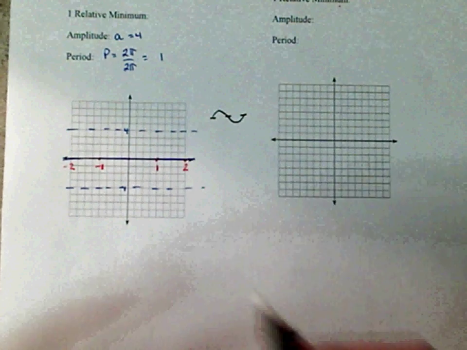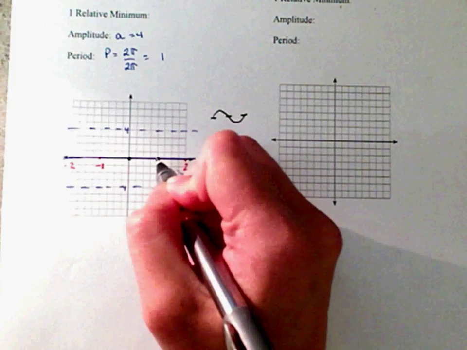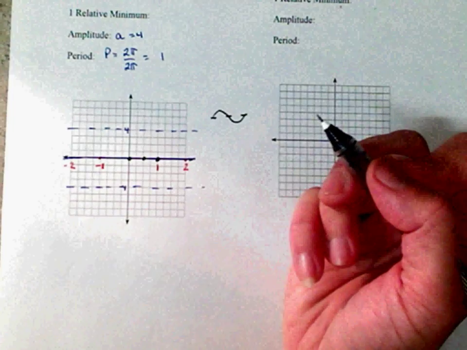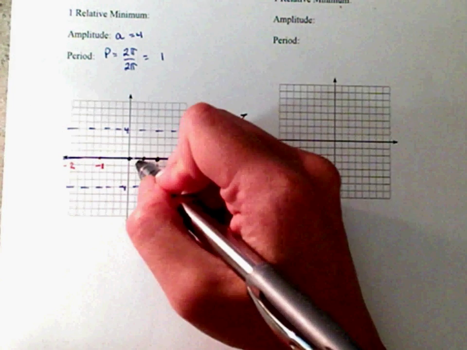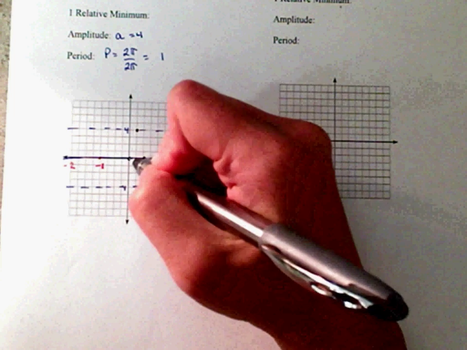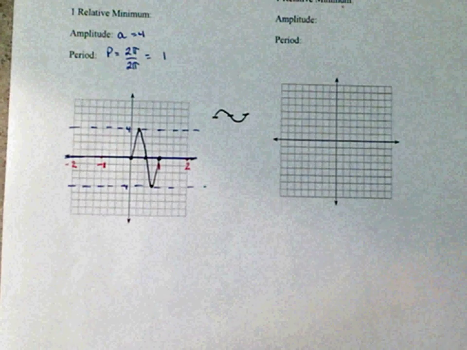I start in the middle, halfway ends in the middle, and halfway between 0 and 1 is 0.5. Between these, first and third, I'm going to go up, and my fourth point, I'm going to go down. And there I have my cosine graph, just like that.